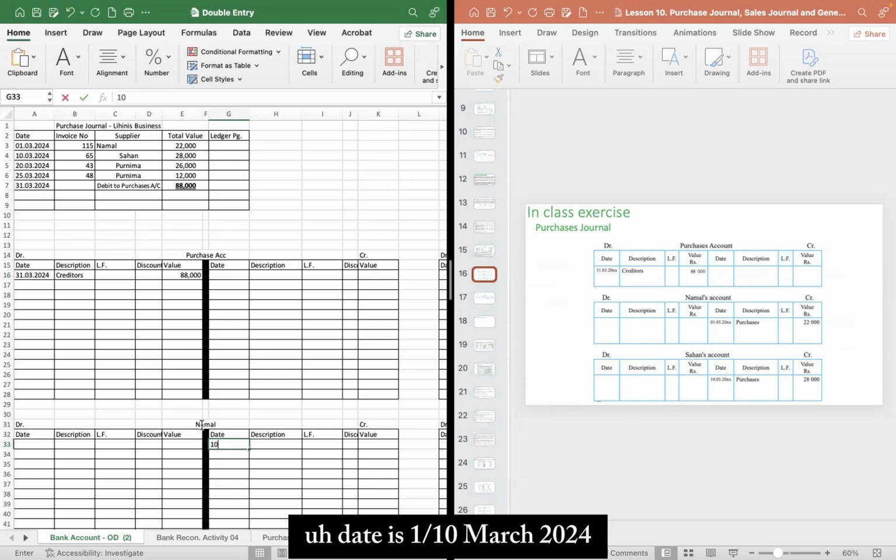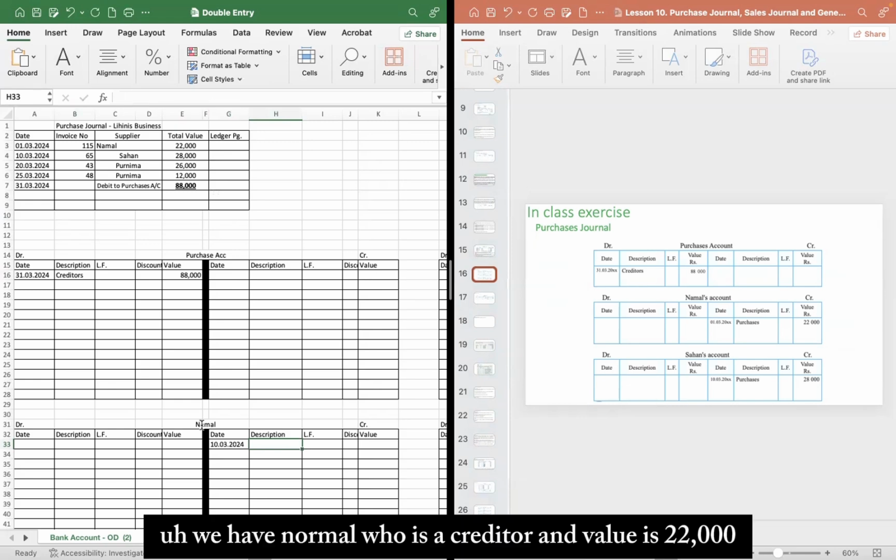Date is 10th March 2024. We have Namal, who is a creditor, and the value is 22,000.